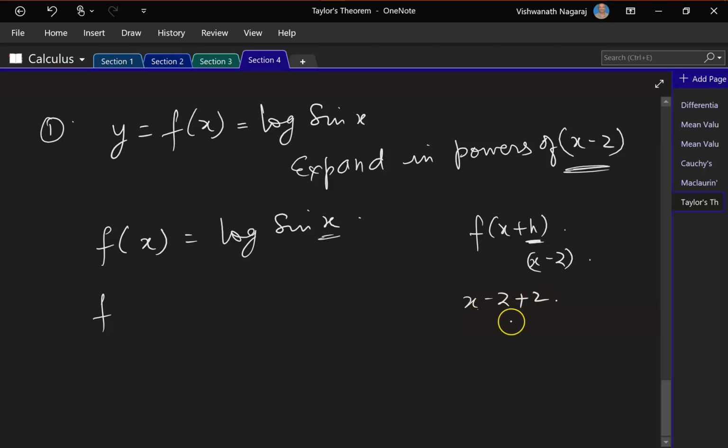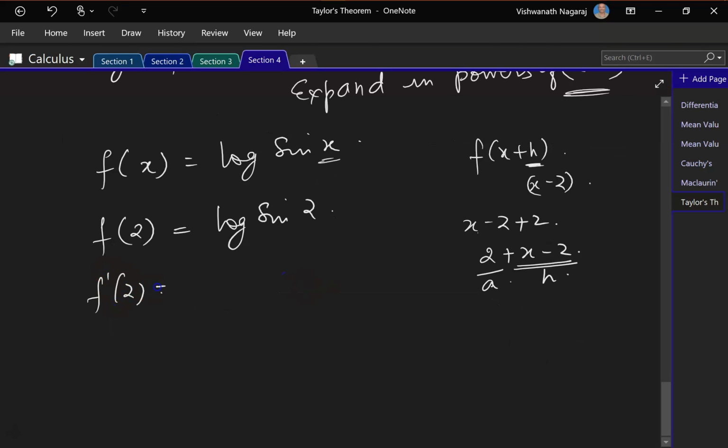And now let's move it around so that it becomes 2 plus x minus 2, right? So this becomes h, this becomes a. So f of a, which means f of 2, is equal to log of sine of 2.